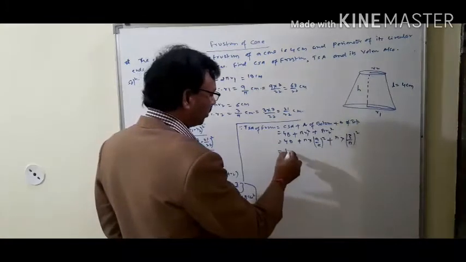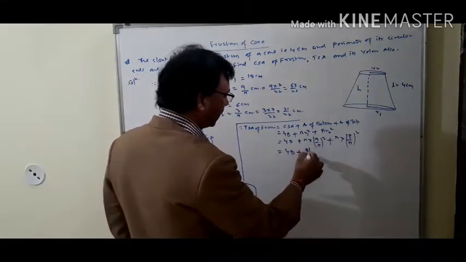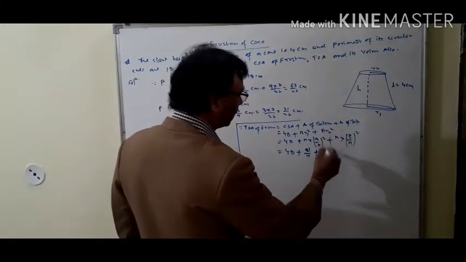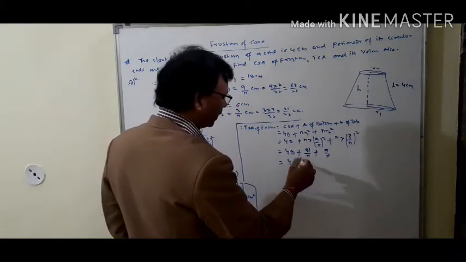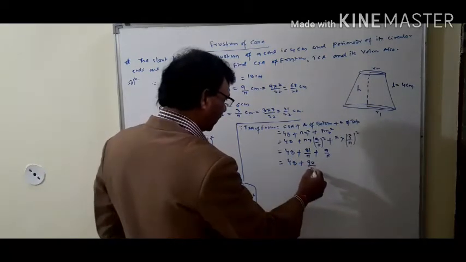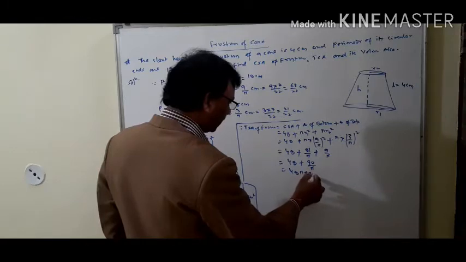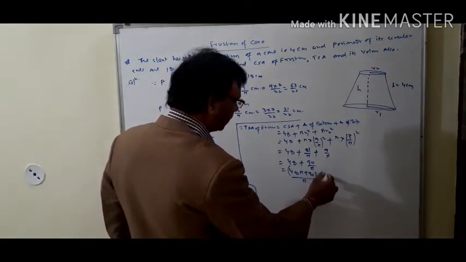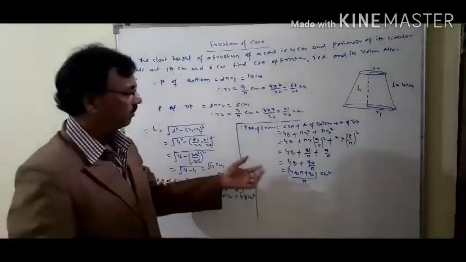This will be equal to 48 plus 81 upon pi plus 9 upon pi, one pi being cancelled in each. This will be 48 plus 81 plus 9, that is 90 upon pi, or (48 pi plus 90) whole upon pi centimeter square. This is the TSA of this frustum.